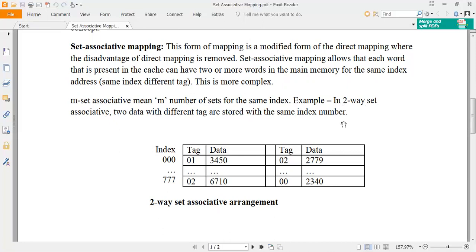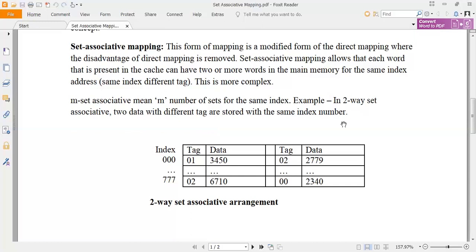In direct mapping, what we have seen is that the address is divided into tag and index. And what is the index? How many bits of index are there? The index is the number of bits used to represent the cache memory. Here the size of the cache memory is 512, so how many bits are required? 9 bits are required.